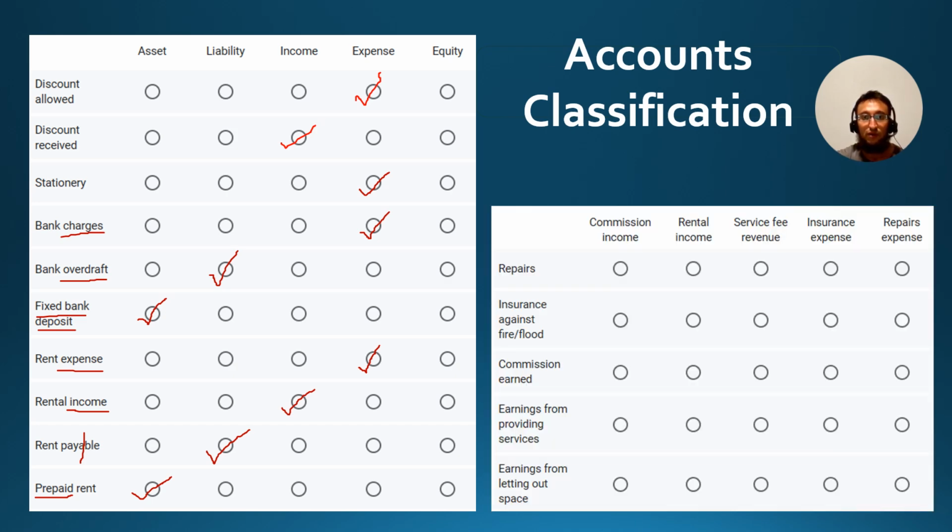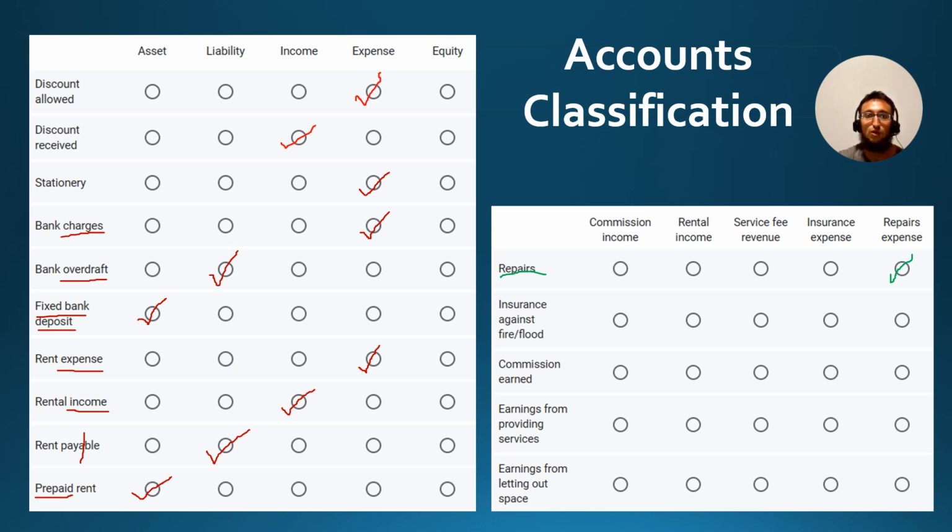Moving on. How do we identify accounts at the top of the table here, given common phrases? If we observe the phrase repairs, the closest match would be a repair expense. Next we have insurance against fire or flood.